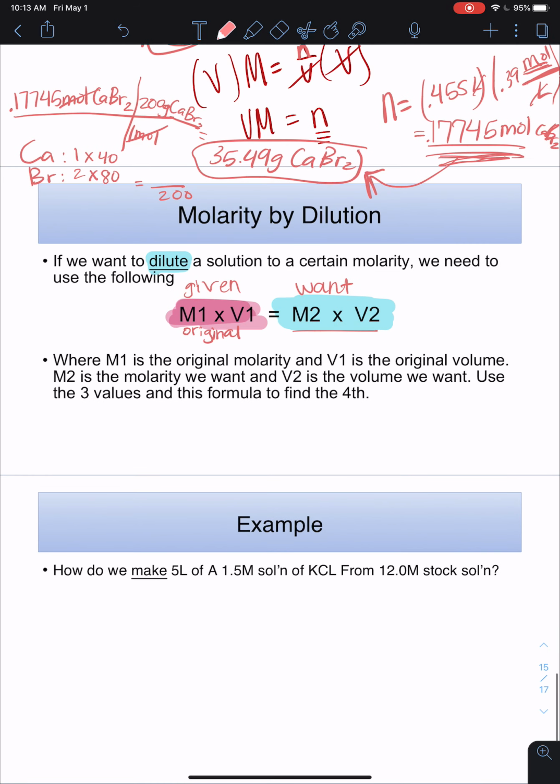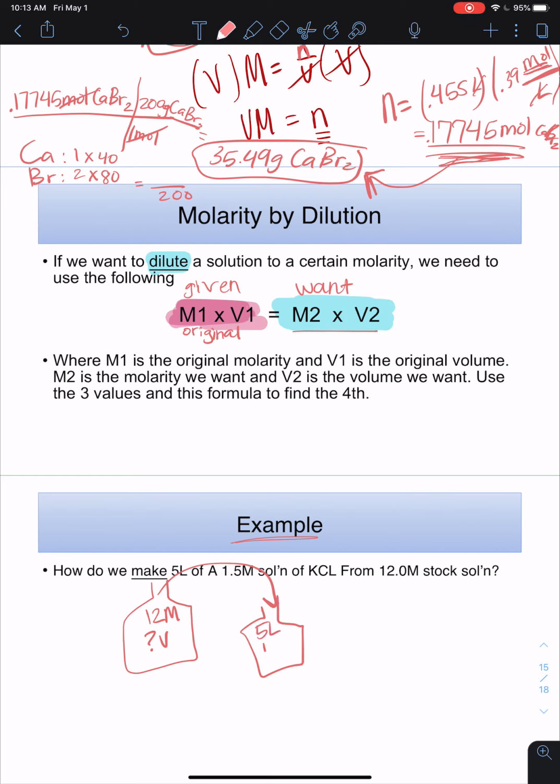And so here's an example down here. So it says, how do we make 5 liters of a 1.5 molar solution of KCl from a 12 molar stock solution? So basically what I'm saying is I have this big stock solution of 12 molar, and I want to know how many liters I want to take out of this 12 molar to make a 5 liter 1.5 molar solution.